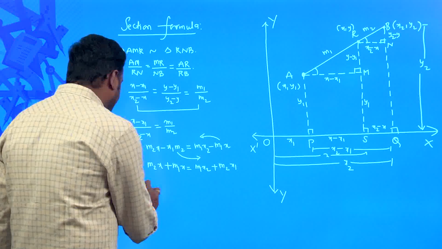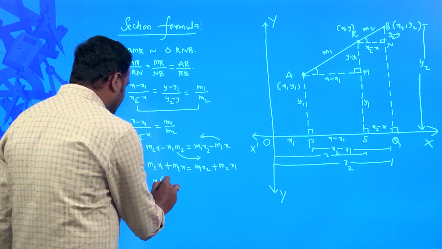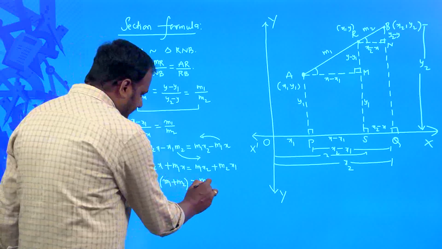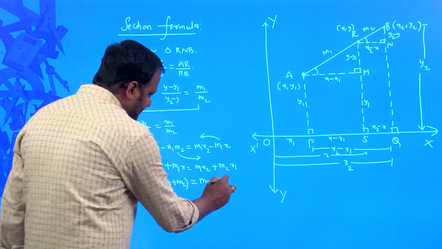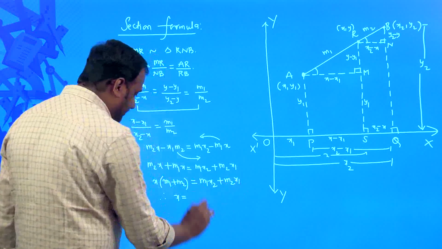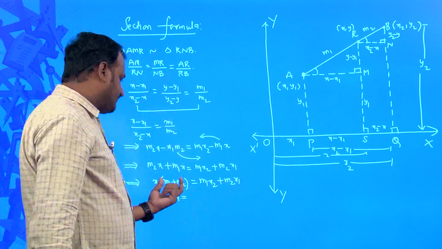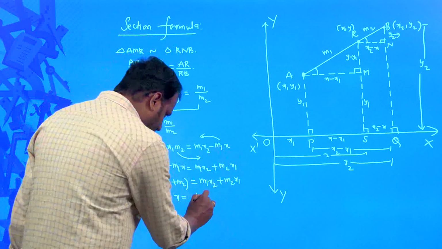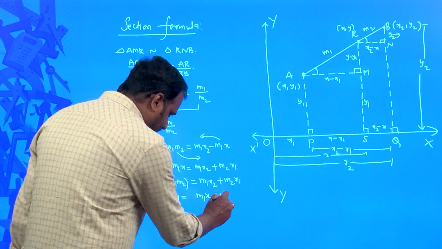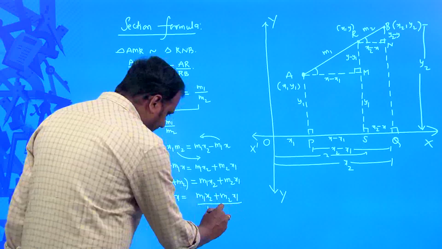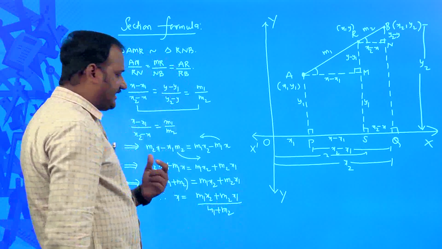So, then it is going to be x times (M1 plus M2) is equal to M1 x2 plus M2 x1. Therefore, when you transpose M1 plus M2 towards the right hand side, the value of x would be (M1 x2 plus M2 x1) divided by (M1 plus M2). This is the value of x.